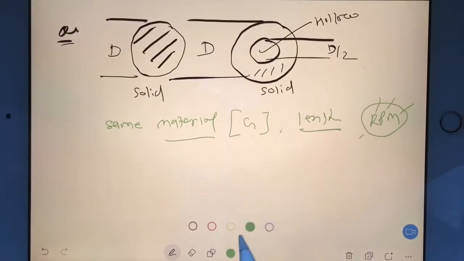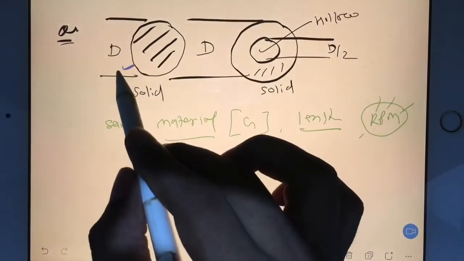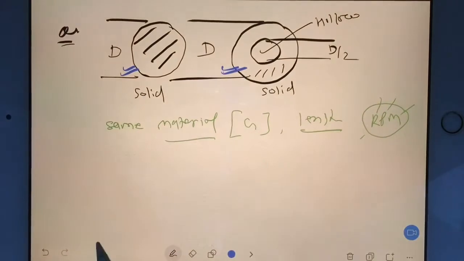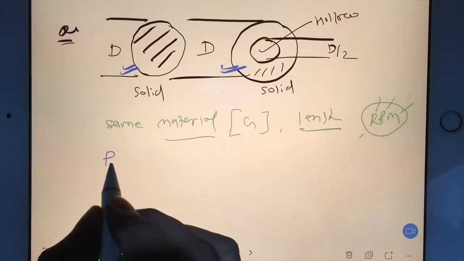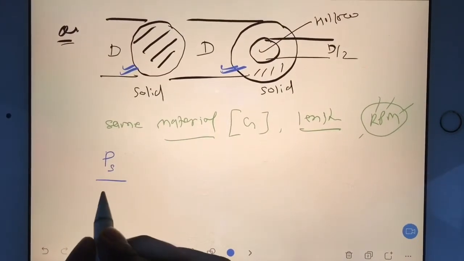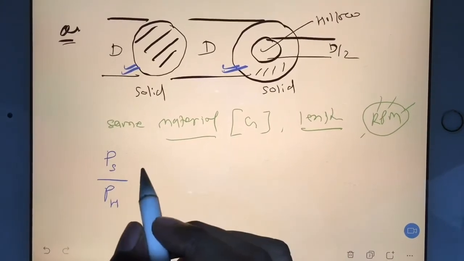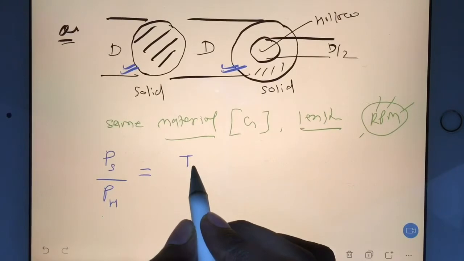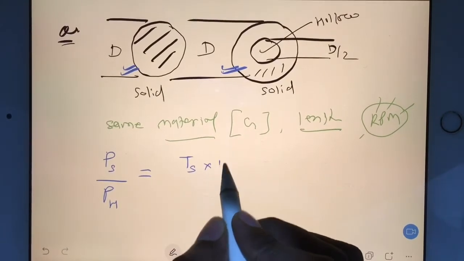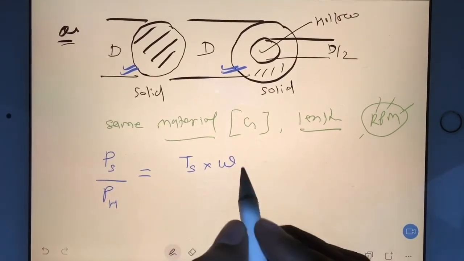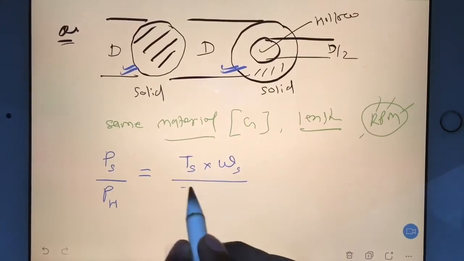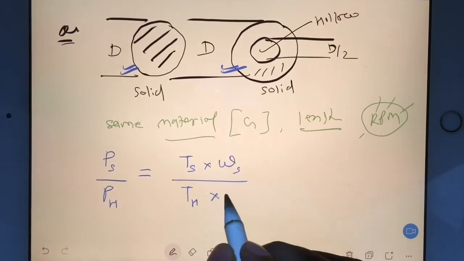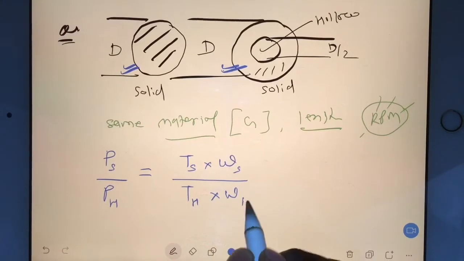So how much power will be developed by this shaft and by this shaft? I can write power by solid shaft divided by power by hollow shaft. If you take the ratio, it is nothing but torque on the solid shaft into angular velocity of the solid shaft, divided by torque on the hollow shaft into angular velocity of the hollow shaft.